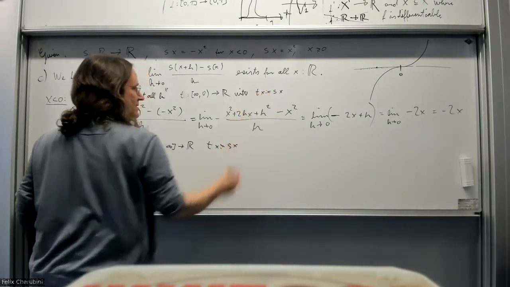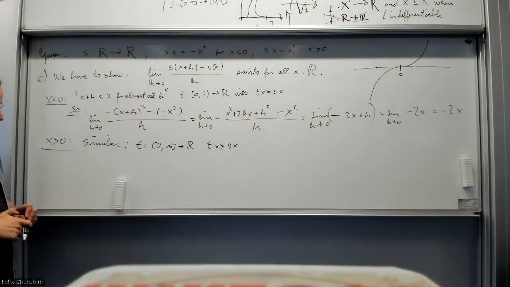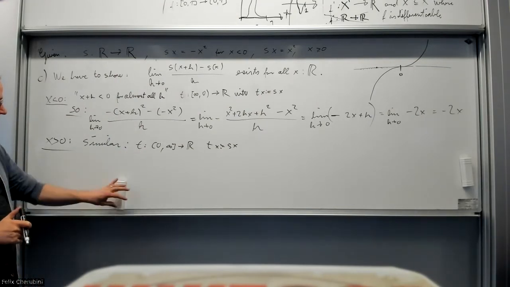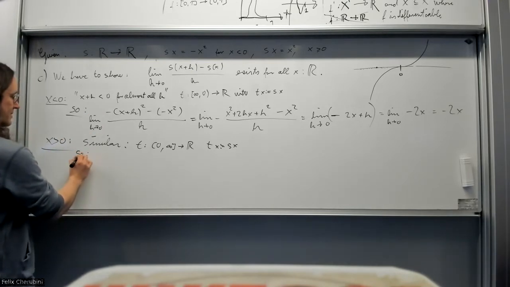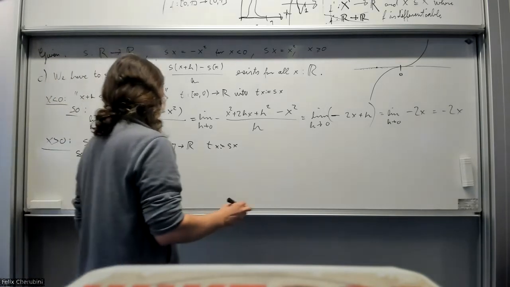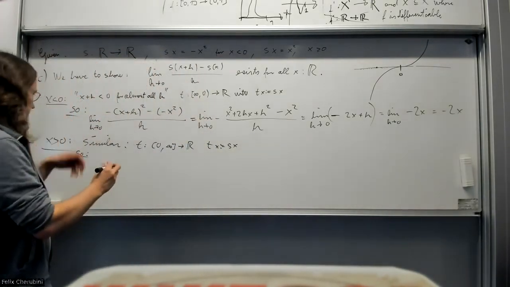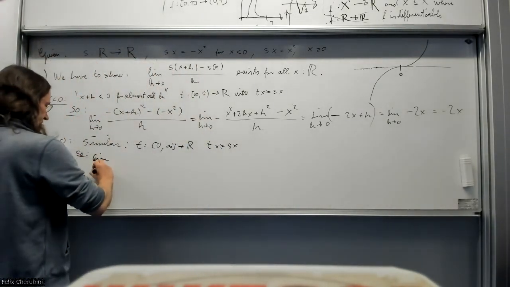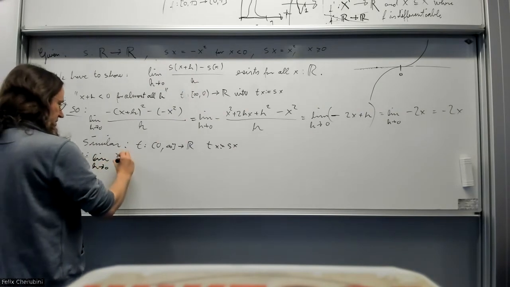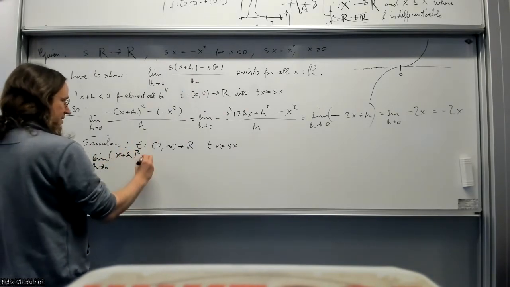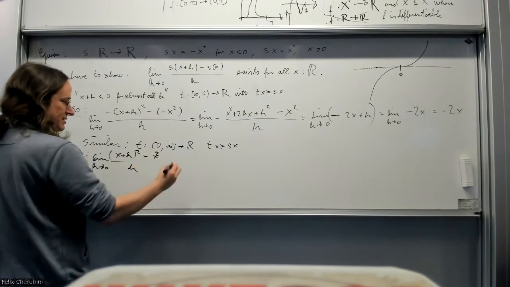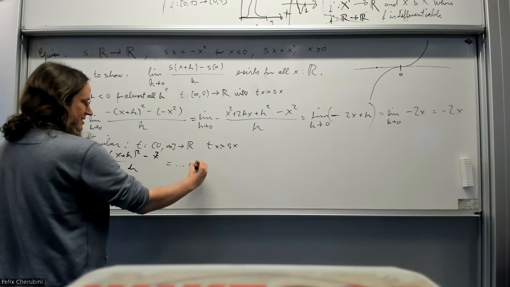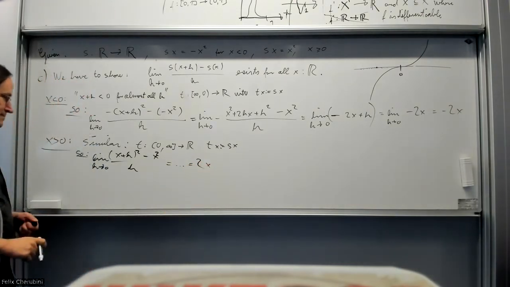Maybe I should use a definition sign here. Okay, and now I can do basically the same definition. Limit h to 0 of (x plus h) squared minus x squared over h. Calculate again, 2x.